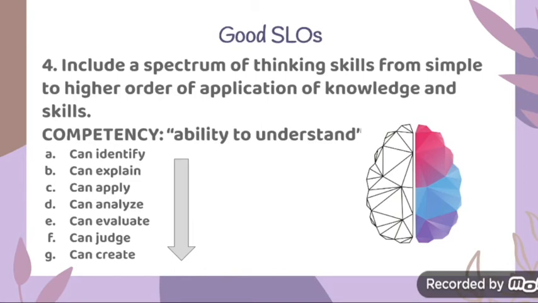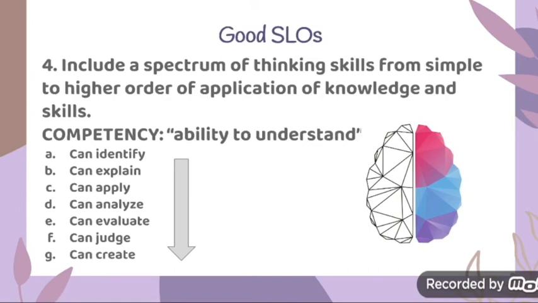So from the level of knowledge up to application, this covers the lower order thinking skills. But once you move to analysis, then evaluating and synthesis up to creating, that now makes up the higher order thinking skills. So when writing a good SLO, do not stick only with the lower order thinking skills.